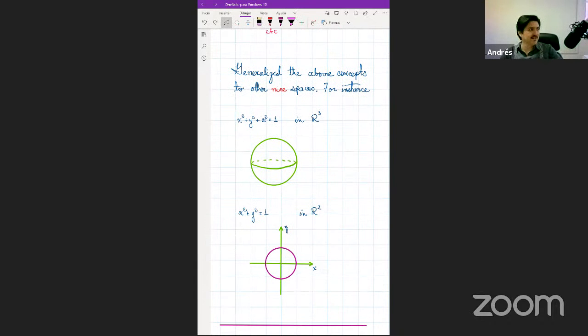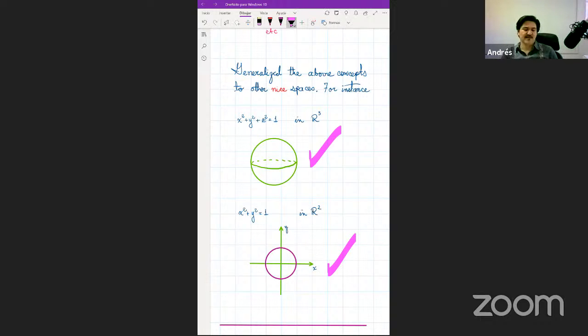The whole idea is that a manifold is going to be a topological space with some additional structure. But if you don't want to think in a very abstract sense, you can think of subsets of Rn, like the ones that I have shown here, and those are going to be our manifolds, right?